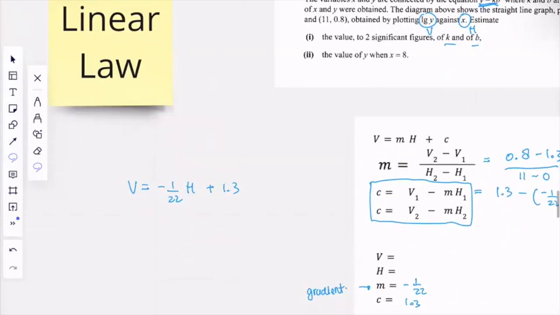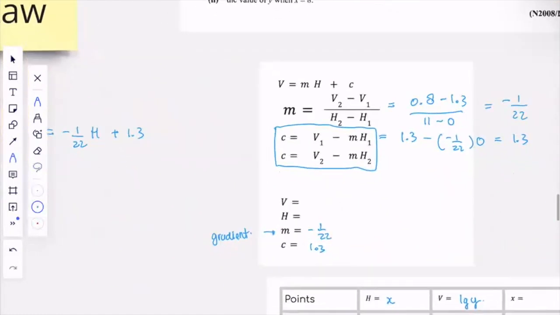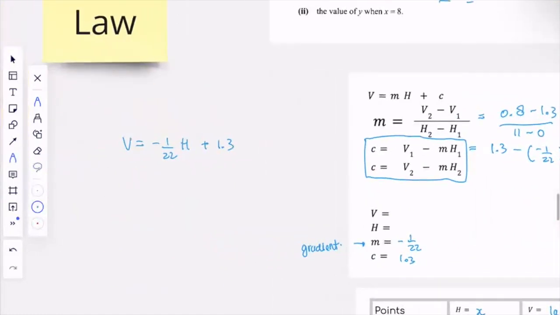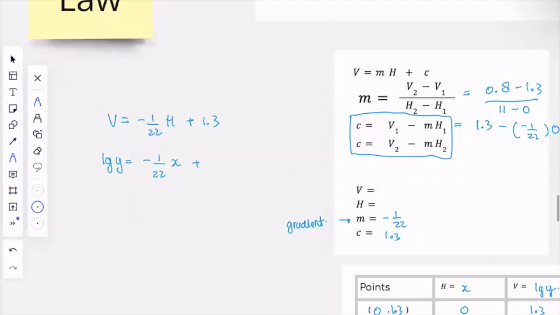We replace phi with log y. Log y equals negative 1 over 22 x, because h is x, plus 1.3, which means y equals 10 power negative 1 over 22 x plus 1.3.